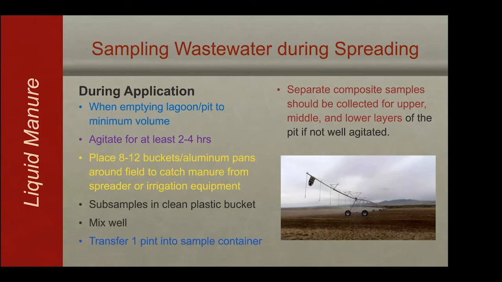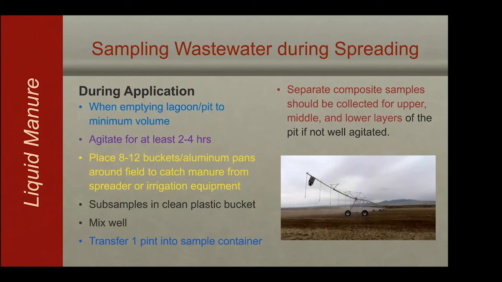The key there is that you're going to take little buckets or the aluminum foil roasting pans, and set them out in the field. You're going to let that irrigation system go over that, and then collect the water from each of those containers, the buckets or the pans, put them in a bigger bucket, mix it, and get your sample.